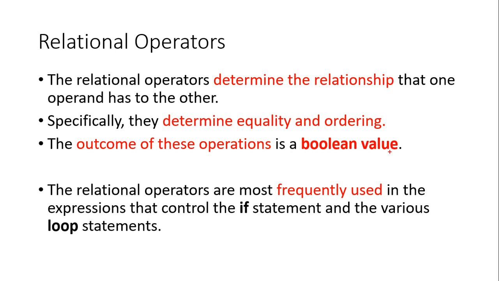One other thing you must understand is that relational operators are always used with other statements, generally called control statements, and because you are already familiar with the C programming language, relational operators are usually used with the if and the looping statements.